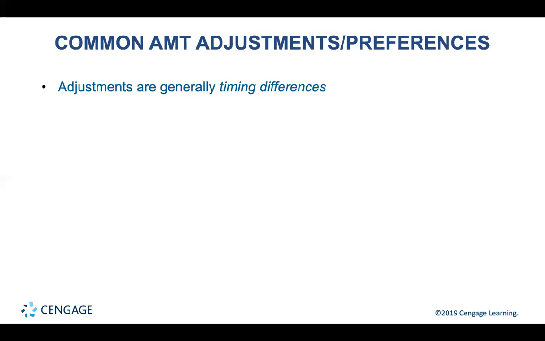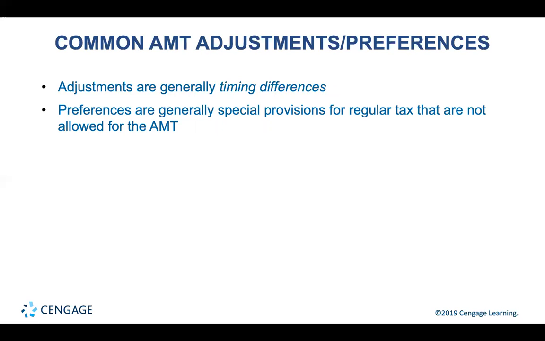Depreciation for regular purposes versus depreciation for AMT, the calculation is different. Calculation for depreciation is generally over a longer life for AMT, sometimes using a different method. So there's a timing difference. You would still have the same total amount of depreciation, but it's a timing difference. Whereas a preference is a special provision for regular tax that is not allowed for AMT.